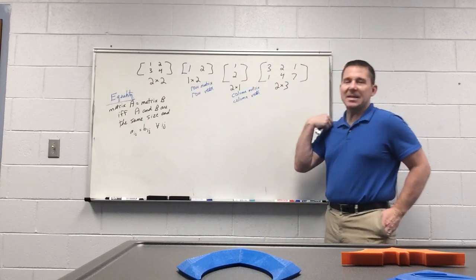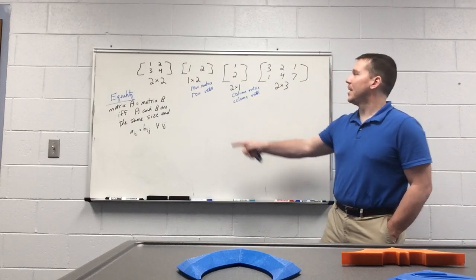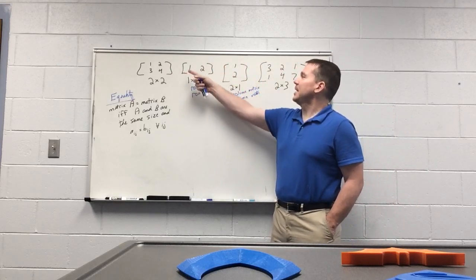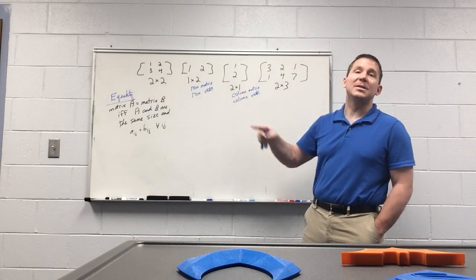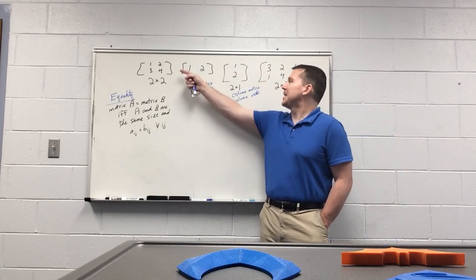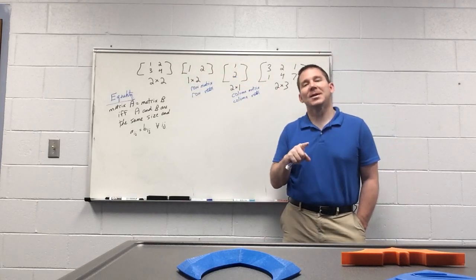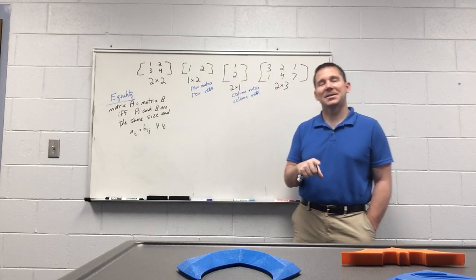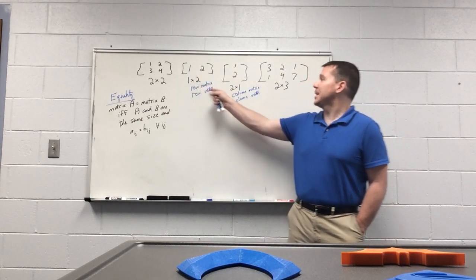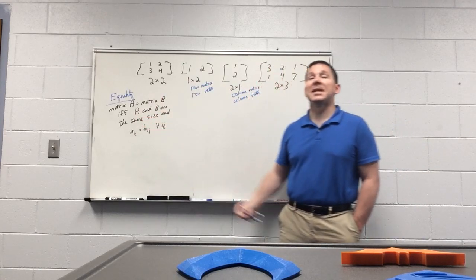So in this case, none of these matrices are actually equal. And one thing to be aware of, clearly these are all different, but right here, this is 1, 2, this is 1, 2. They have the same entries, and let's face it, this is 1 row, this is 1 column. They're kind of sort of the same. They have more or less the same stuff in them, but they are not equal, because this is 1 by 2 and this is 2 by 1. And they can only be equal if they're the same size.